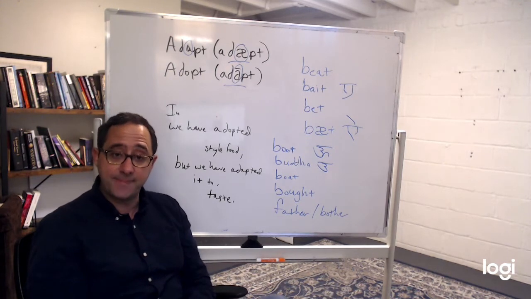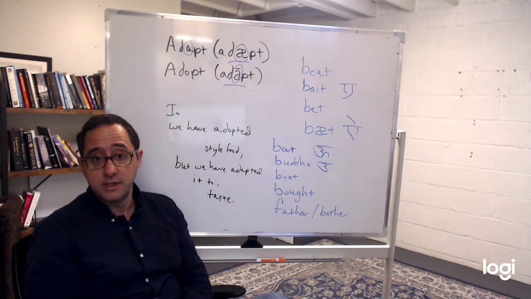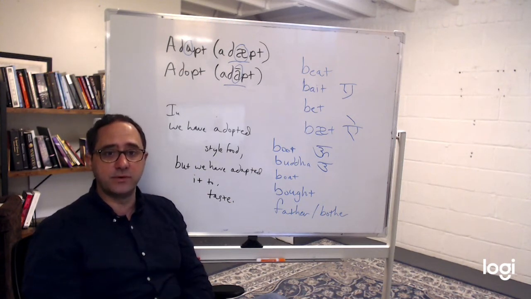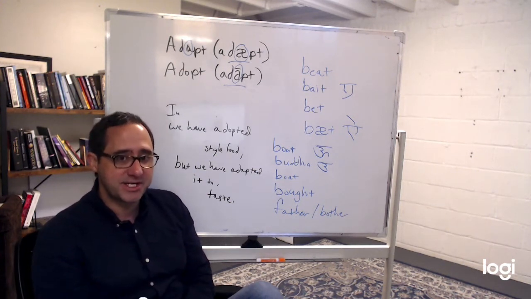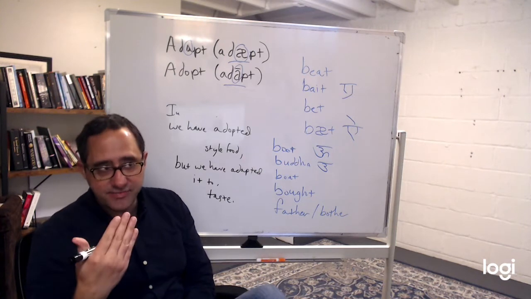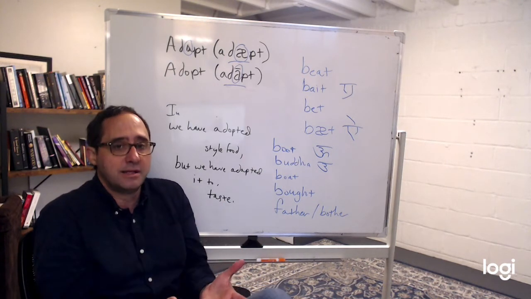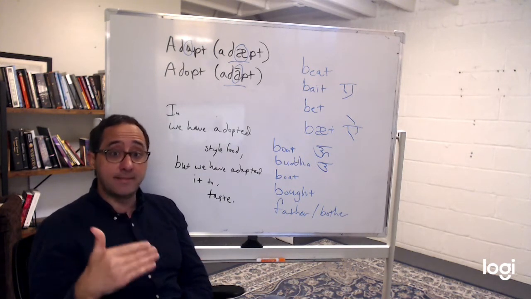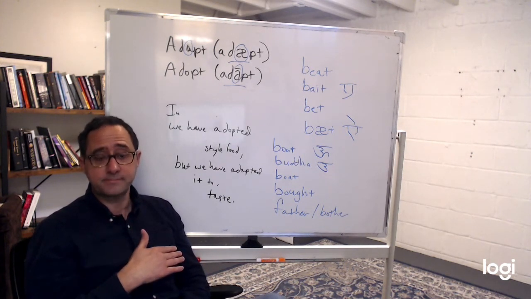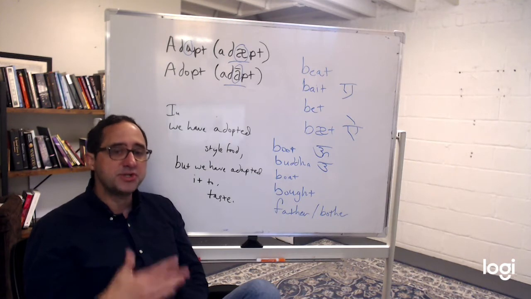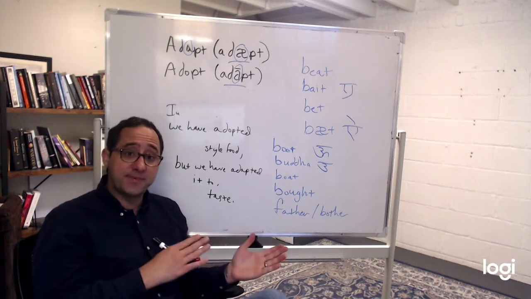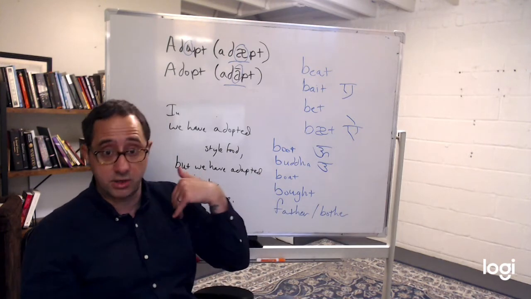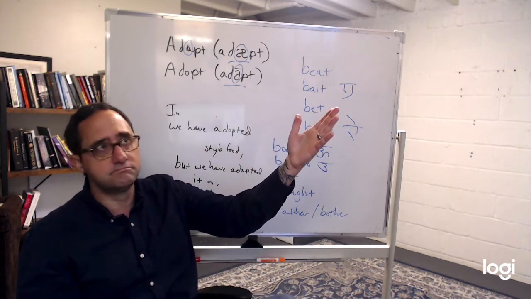Koreans have adopted Thai food into their cuisine. They have adopted Thai food, but they adapt it to their Korean style. Japanese people have adopted some Italian cooking, but they adapt it to their style. Adopt versus adapt. I adopt a child into my home from Brazil.